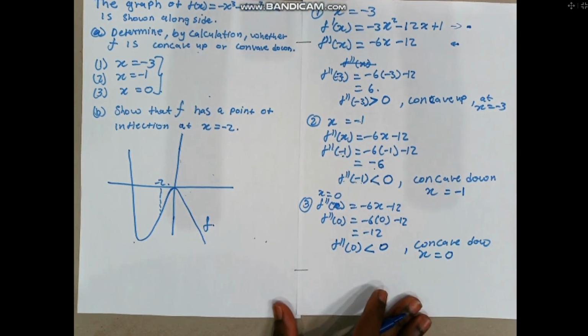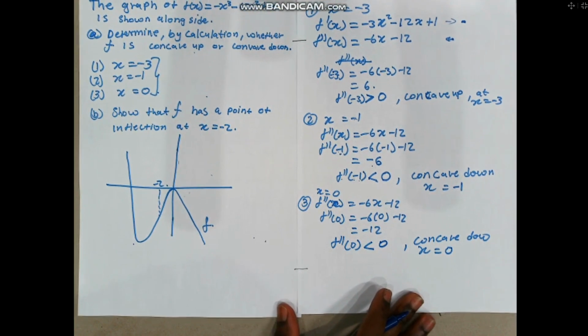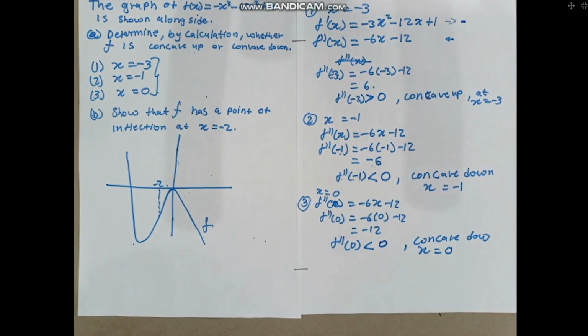And then now they're saying, show that f has a point of inflection at x is equal to -2.